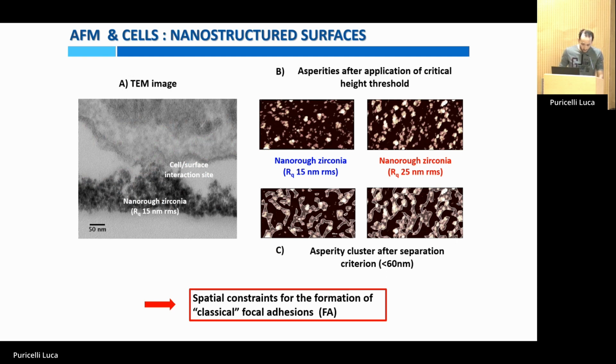And going more in detail, for example, this is a very nice cryo-TEM image.